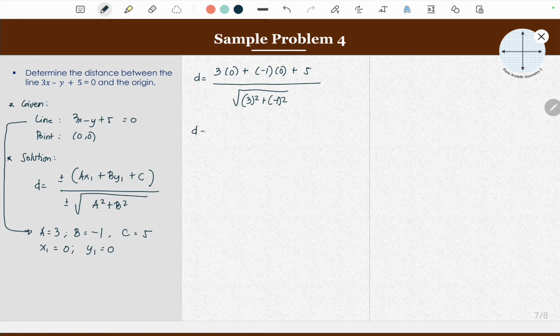So our D is 5 over square root of 9 plus 1. This is 0. This is 0. So the remaining numerator is 5, over the square root of A square plus B square. So 3 square is 9. Negative 1 square is positive 1. So this is 5 over square root of 10.